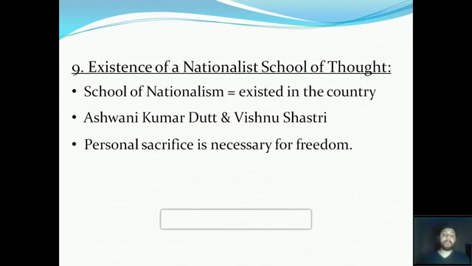Some other prominent leaders like Lokmanya Tilak, Bipin Chandra Pal, Aurobindo Ghosh, and Lala Lajpat Rai. If you take the number of leaders from the nationalist school, their contribution to the national movement cannot be measured by any kind of measurement. So it was another factor which led to the beginning of assertive nationalism.